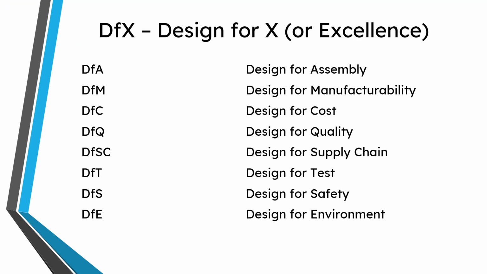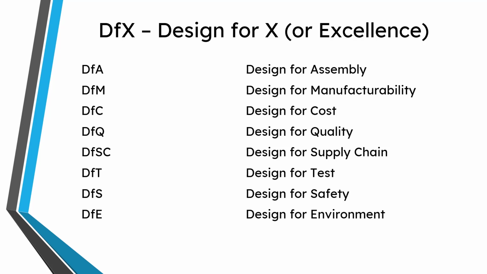Before I go into design for assembly, let me talk about DFX, which some people call design for X, where X stands for another letter covering other disciplines, or design for excellence. And the idea behind design for excellence is that these are different design guidelines for a given discipline, and these different guidelines affect or alleviate problems associated with the processes in that discipline.